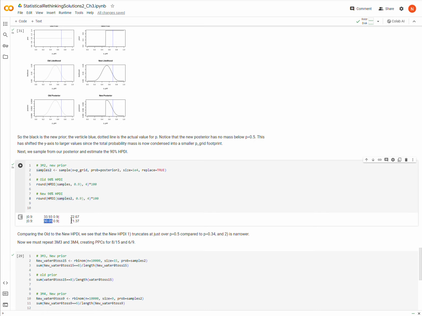It goes from 50 to 70-ish, whereas the other one went from about 34 to 70-ish. Again, why? Because in shifting the probability mass from the low values to the high values, all of the values that are allowable by the new posterior distribution have a higher posterior density.